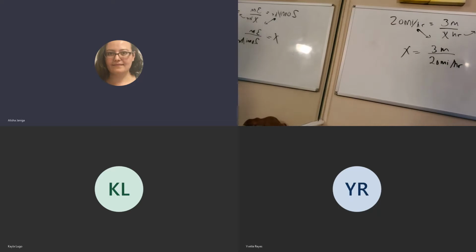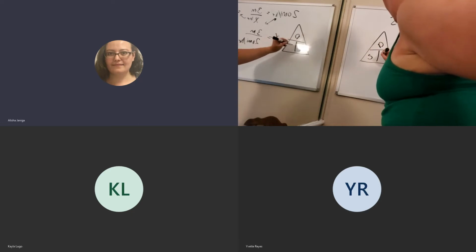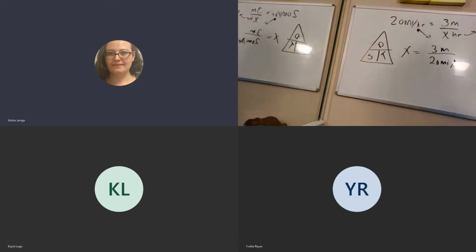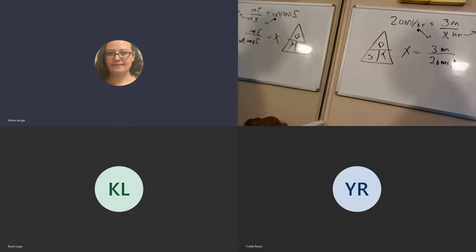If you don't want to go through the whole algebra, just remember if x is on the bottom, just switch it. Or what else you can do is you can make a triangle. So speed is distance over time. So if you need the time, you're going to put distance over speed. Whichever method works best for you.